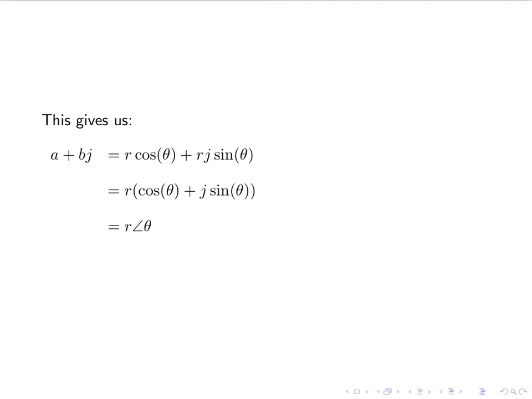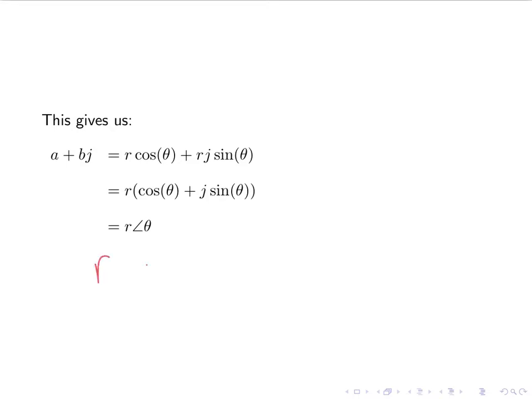So what we're going to do is put that together. So A plus BJ is r cosine theta plus rj sine theta, based on what we just talked about. And we can pull out, or factor out, the r. And this is a shorthand way of writing r times cosine theta plus j sine theta.